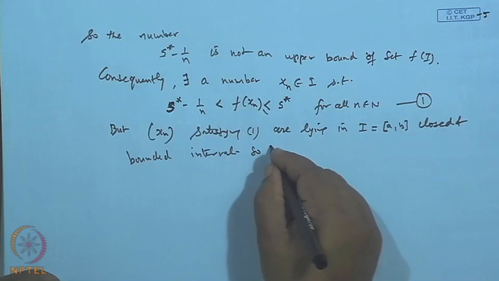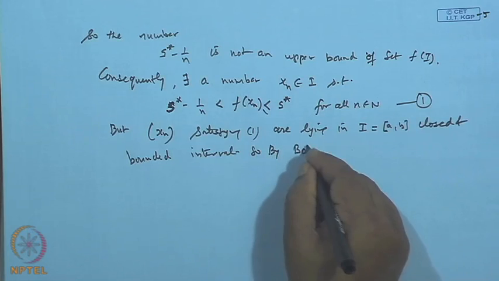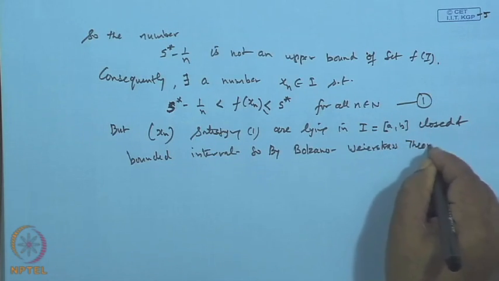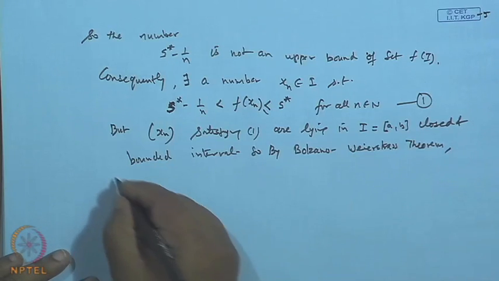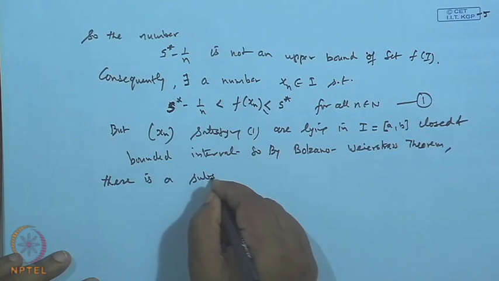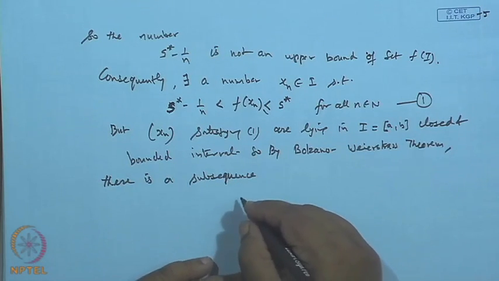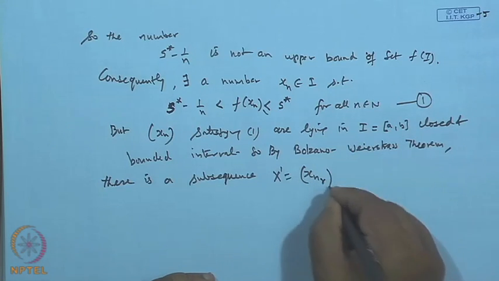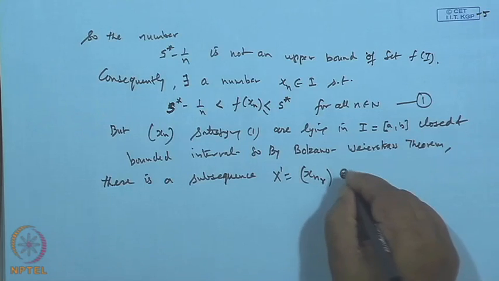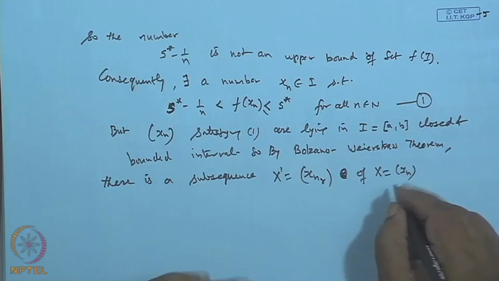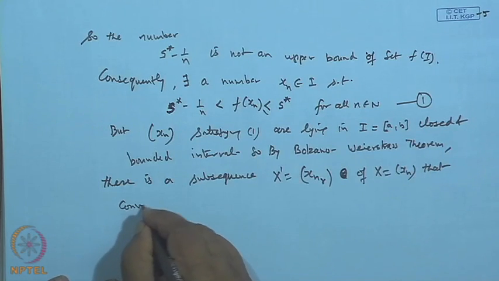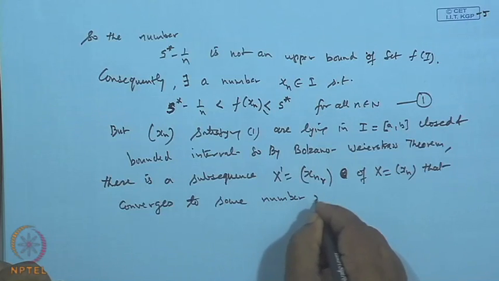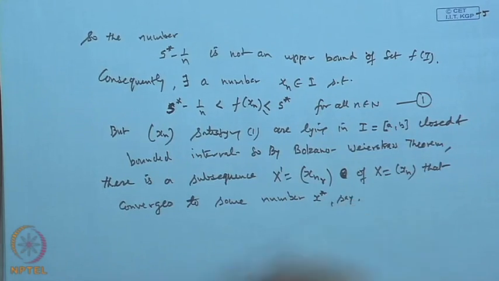So, by the Bolzano-Weierstrass theorem, there is a subsequence, say x dash, whose elements are x_{n_r}, belonging to the sequence x_n, that converges to some number x star, say.